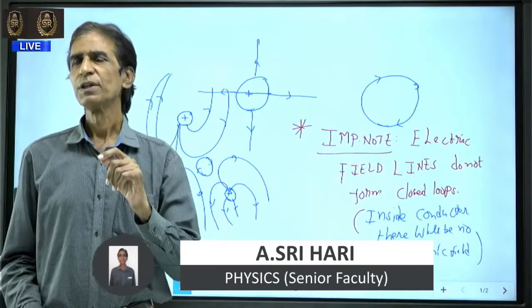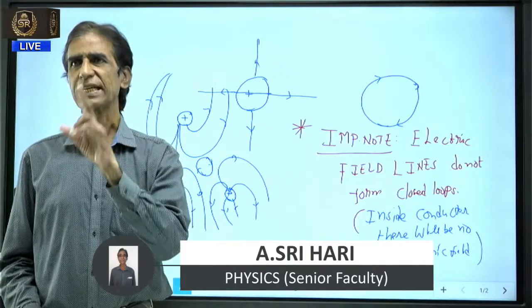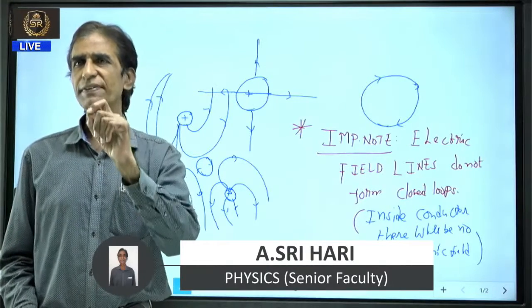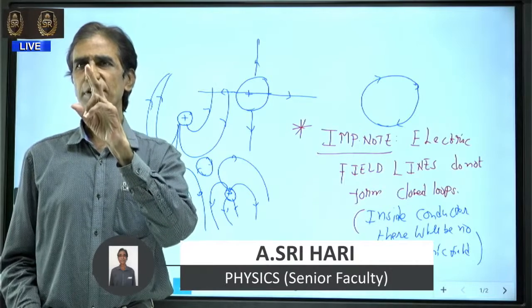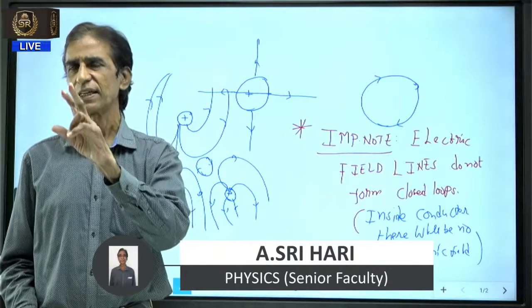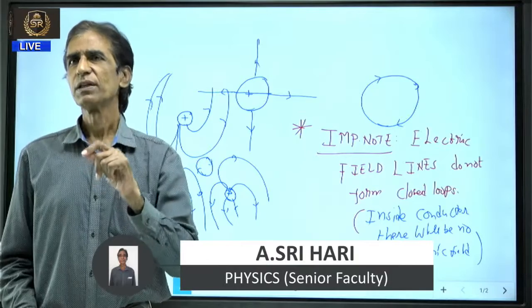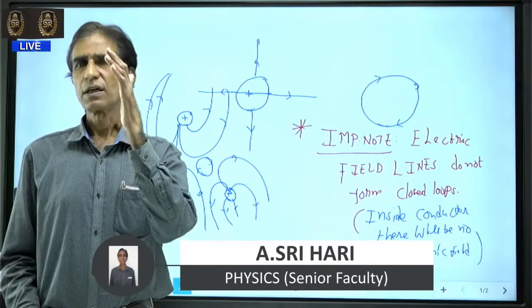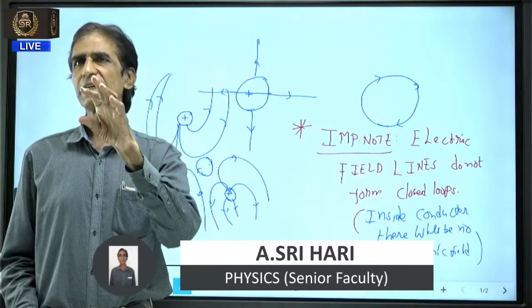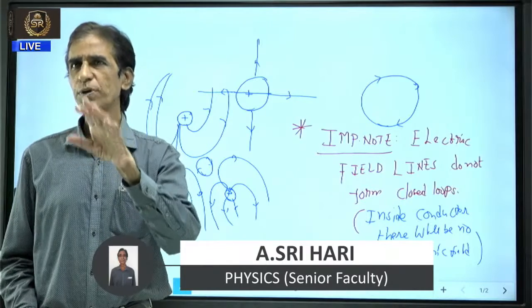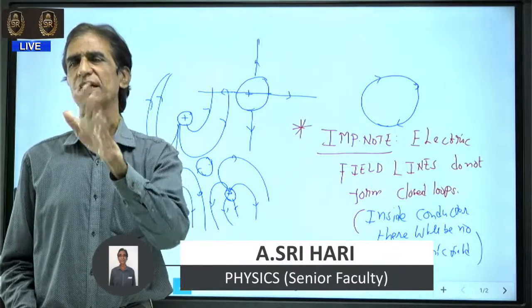Number three, no two field lines intersect, because at the point of intersection there would be two directions for the electric field, which is not possible. And the last one: the number of field lines drawn must be proportional to the magnitude of the charge.